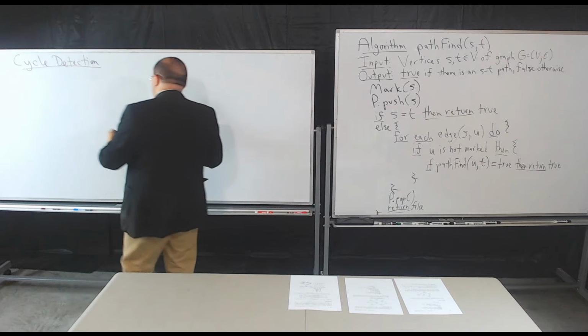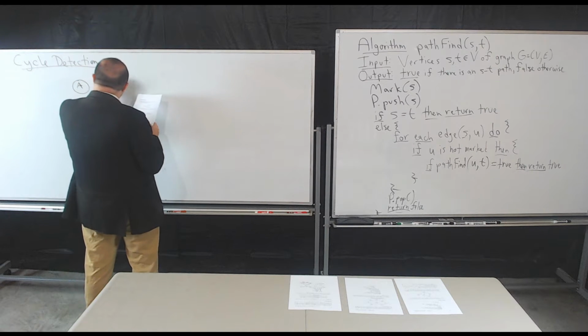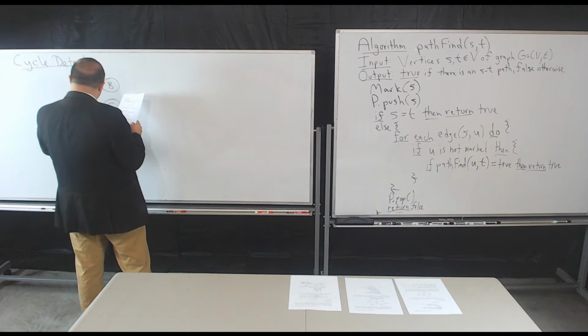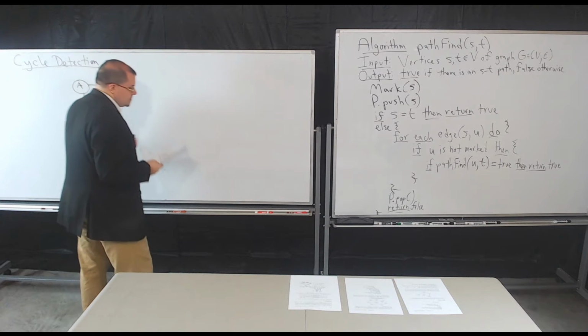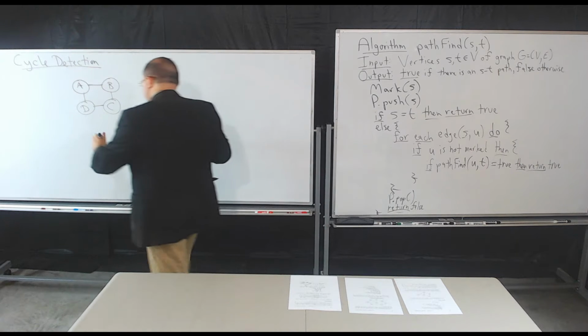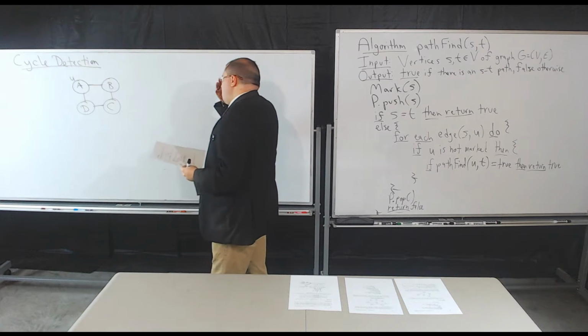So just to illustrate DFS again, I'm just going to have a simple graph that looks like this. So when I execute DFS, where U is A, the starting vertex, what happens?